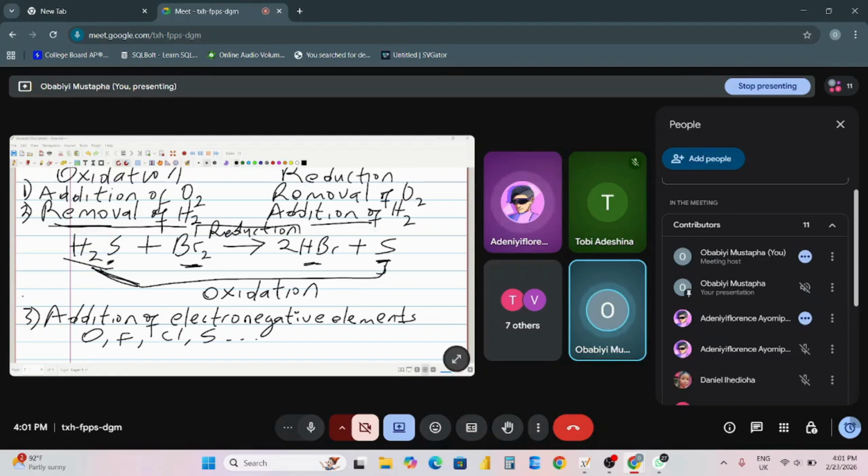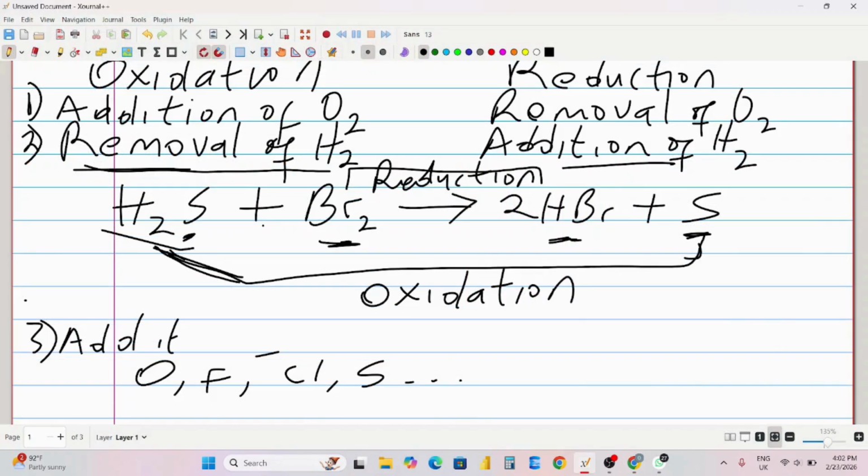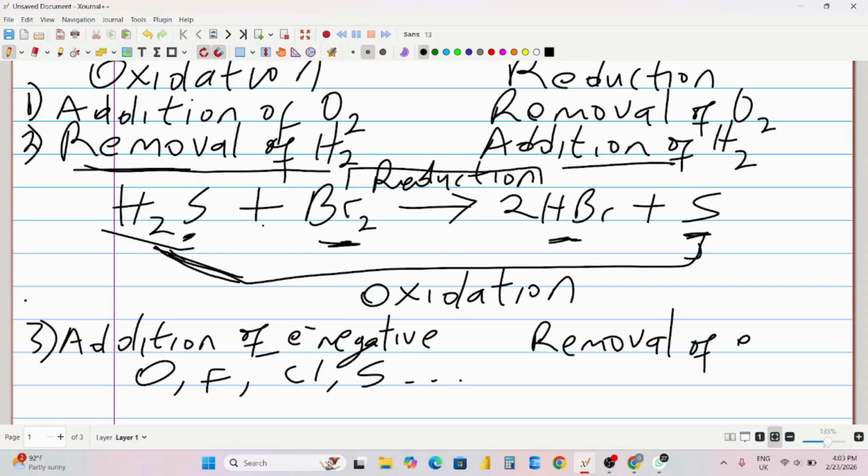Is there a question? If you have a question, just raise your hand. While for reduction, it is removal of electronegative elements.